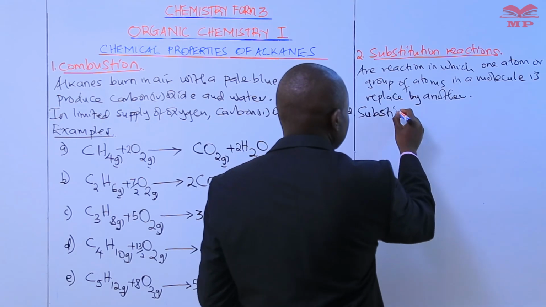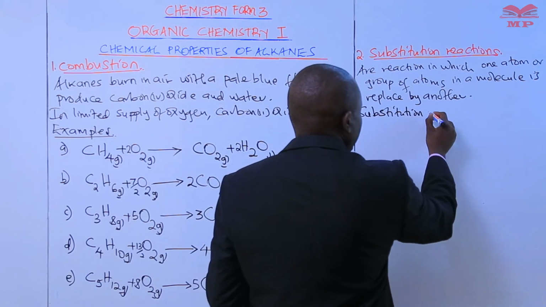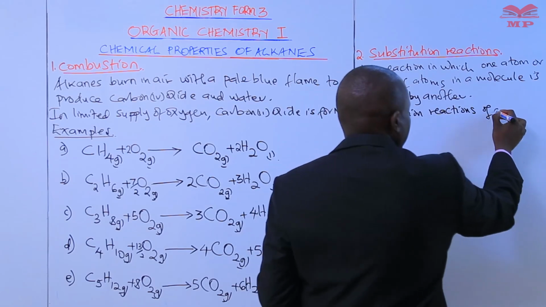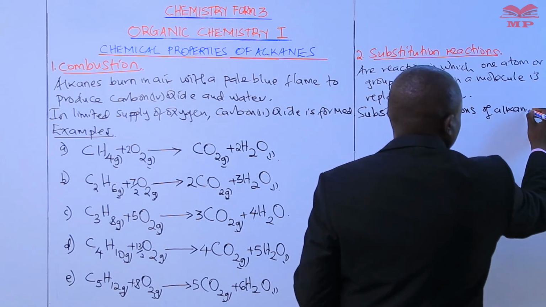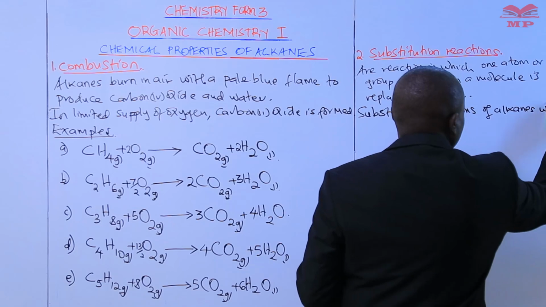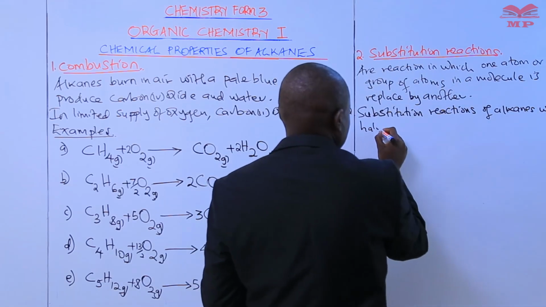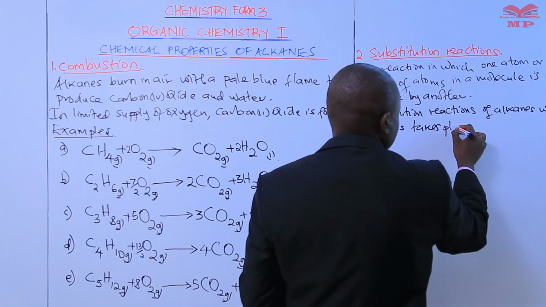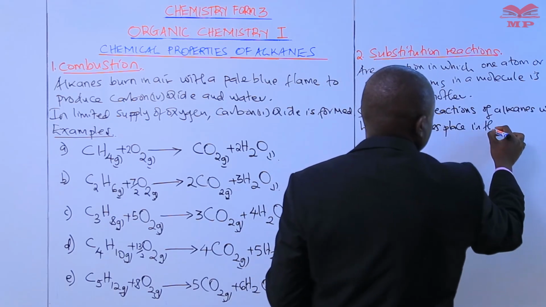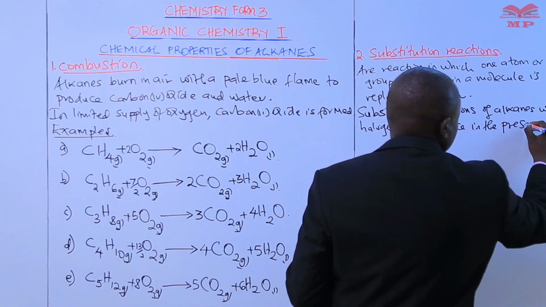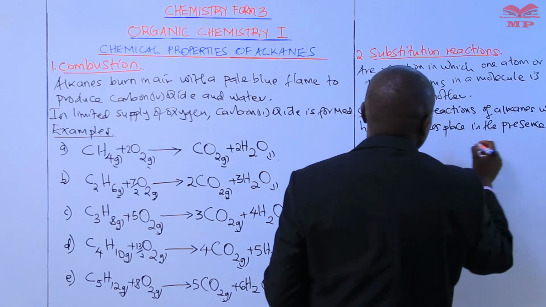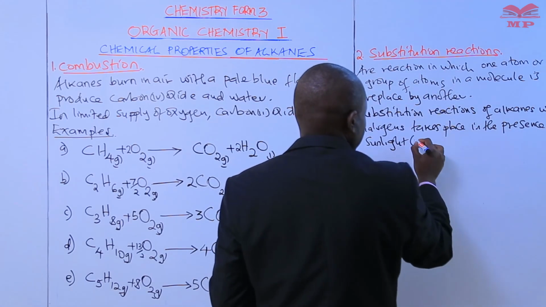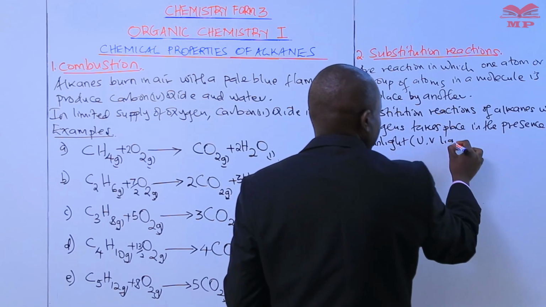Substitution reactions of alkanes with halogens take place in the presence of sunlight, which is also called UV light.